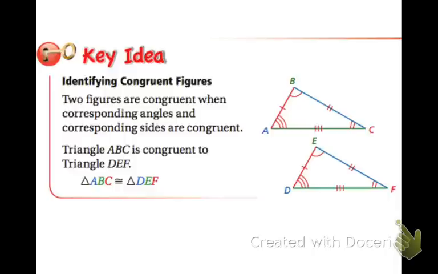So angle A is blue and angle D is blue. That's the first one. So those two are equivalent to each other. And in the notation right over here, you can see 3 arcs. And so that would be a way to identify two angles that are equal to each other and in corresponding positions. The blue angles B and E have 1 arc, and the red angles C and F have 2.